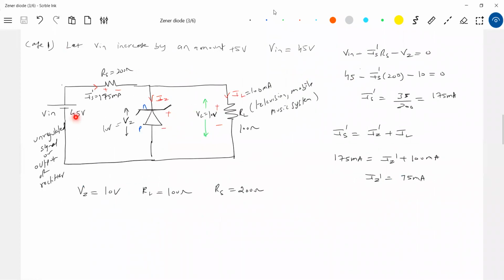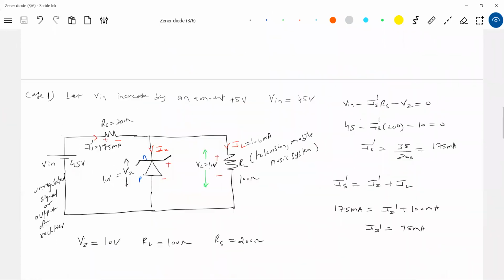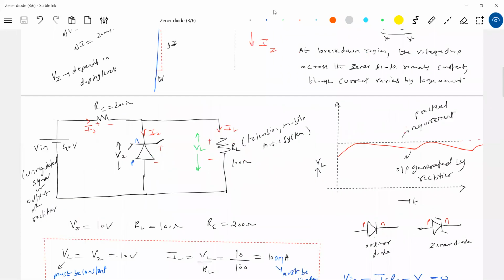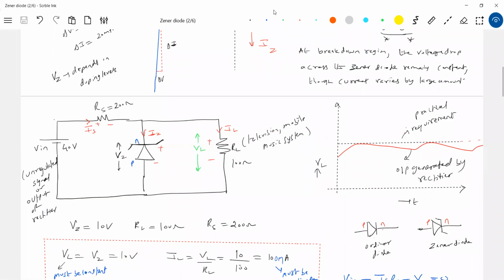Sir, why will the voltage increase? Why will the voltage increase means, go back to this. If this is what is required, 40 volt, the voltage can fluctuate. Let's assume this is what I needed, and it will fluctuate. Why will it fluctuate?